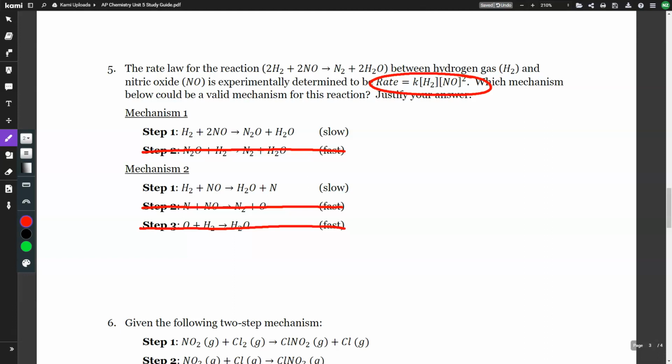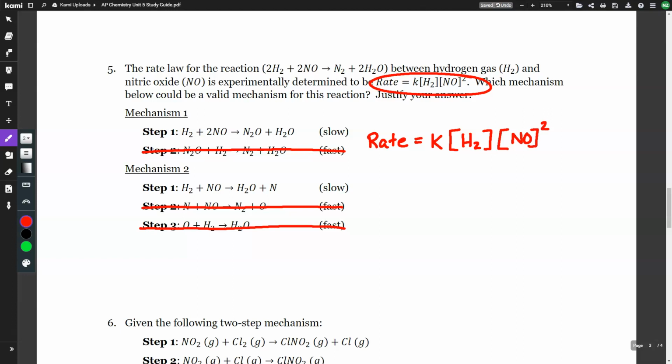So for the first mechanism, we have rate equals K. We have the concentration of H2, and then we have 2 NO, so it'll be NO, and because of that coefficient, the 2 is going to go up here as an exponent.